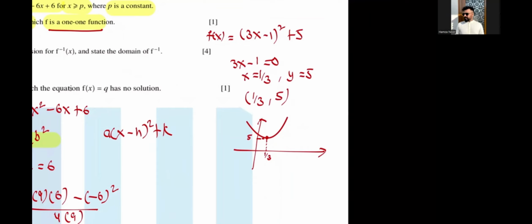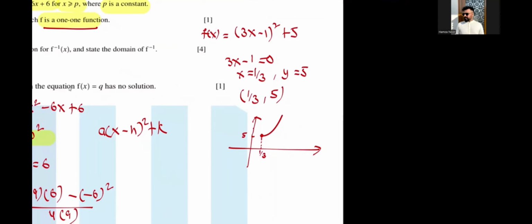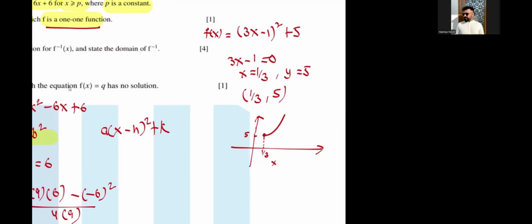I'm going to erase all the other parts and keep the domain x ≥ p. So I'm going to say that x ≥ 1/3. This is the smallest value of p for which a one-to-one function exists.